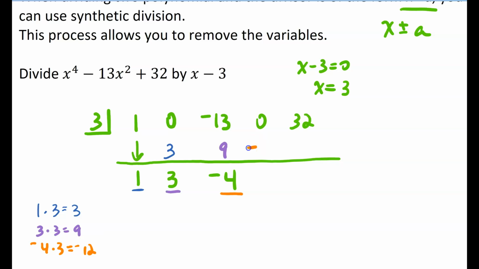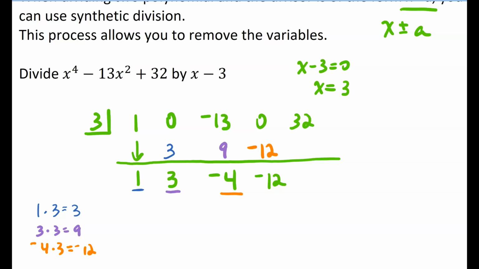Under the 0. Now I have 0 minus 12. How did you get negative 4? Negative 13 plus 9. You just add the column together. So now I've got negative 12.